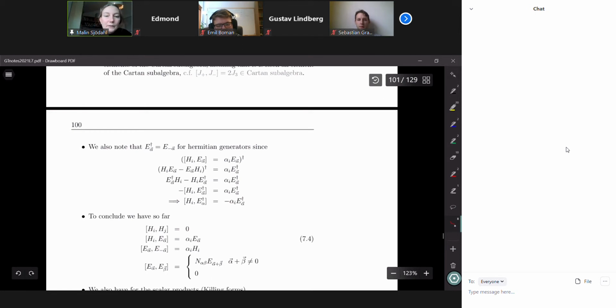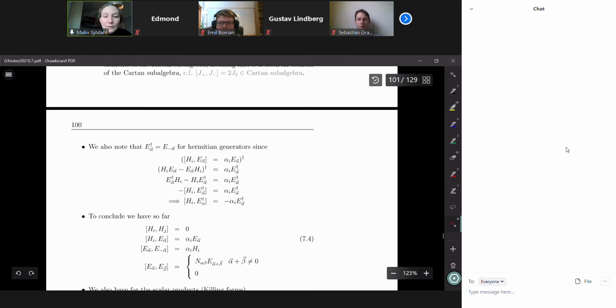Then the dagger of this is E alpha dagger, in principle H_I dagger, but they were Hermitian. So we have this. Nothing happened on the other side, and this is now minus the commutator of H_I with E alpha. Then I move the minus sign to the other side.